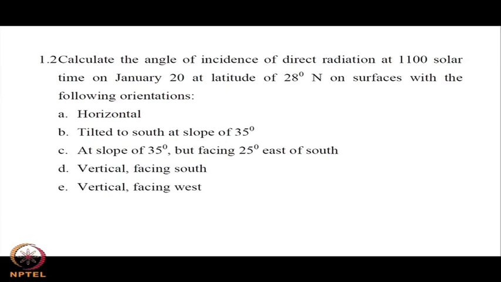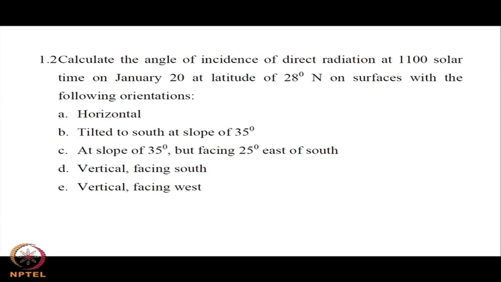So, the second problem deals with: calculate the angle of incidence of direct radiation at 11 o'clock solar time on January 20th at a latitude of 28 degrees north on surfaces with the following orientations. Throughout these exercises, we mean only the solar time, except when we state otherwise.